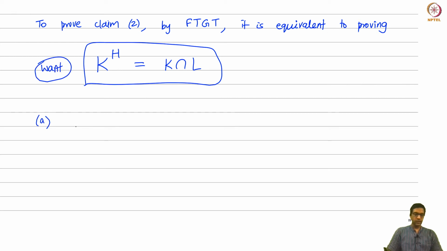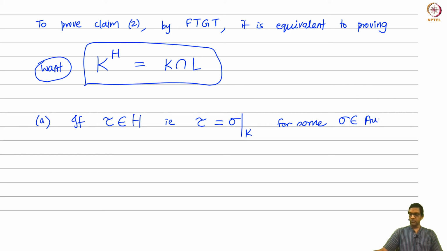First observe that elements of H: if tau belongs to H, what does that mean? That means tau is of the form, the restriction of sigma, for some element sigma coming from the Galois group of KL over L.